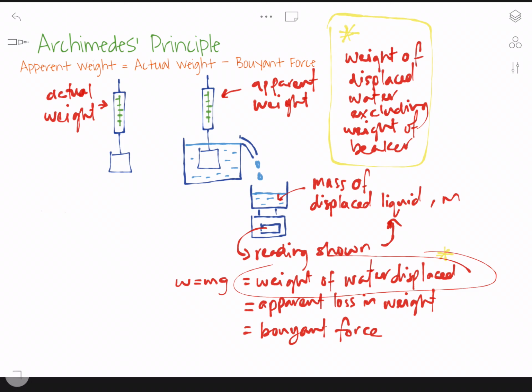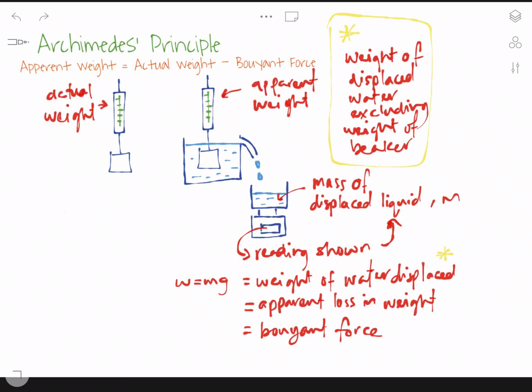Okay, weight of water displaced. And the weight of water displaced is actually equal to the apparent loss in weight, because we know in the air the actual weight is greater than the apparent weight when the object is submerged in the liquid.